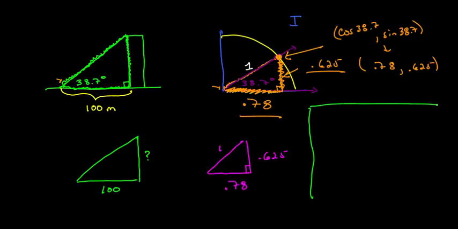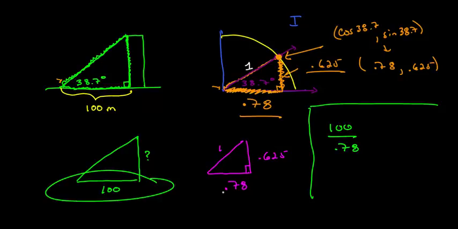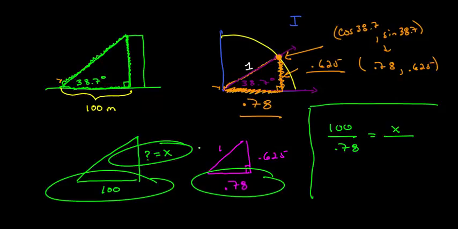So now I just have to set up my similar triangles with my ratios. So everything's fairly simple here. So I'm going to go 100 divided by 0.78. So I'm going to take this side and divide it by this, and that's going to be equal to the question mark. Let's call it x. So this side length over this side length, 0.625. Now all I got to do is do a little bit of cross multiplying here.